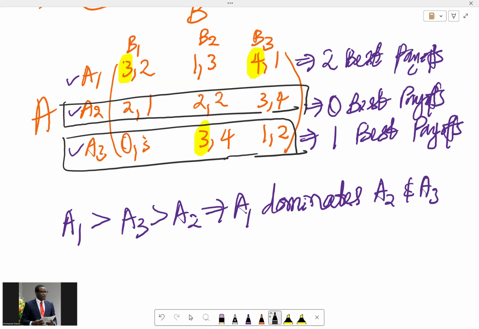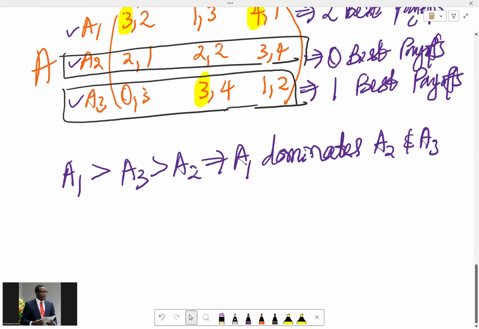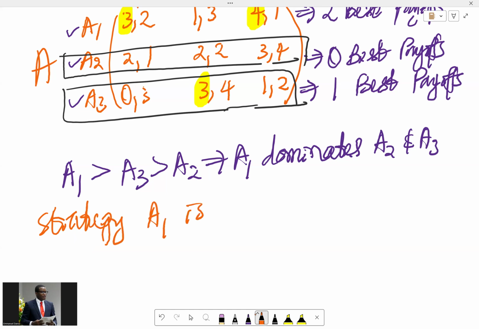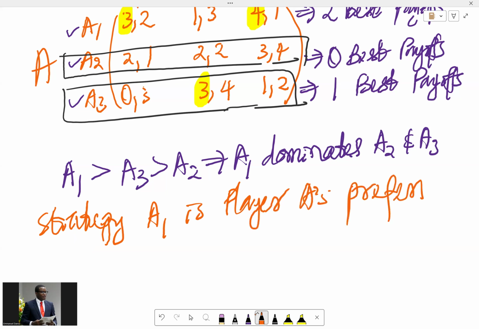So it means that automatically player A is going to go for strategy A1. So settled. So we can say that strategy A1 is player A's preferred strategy.